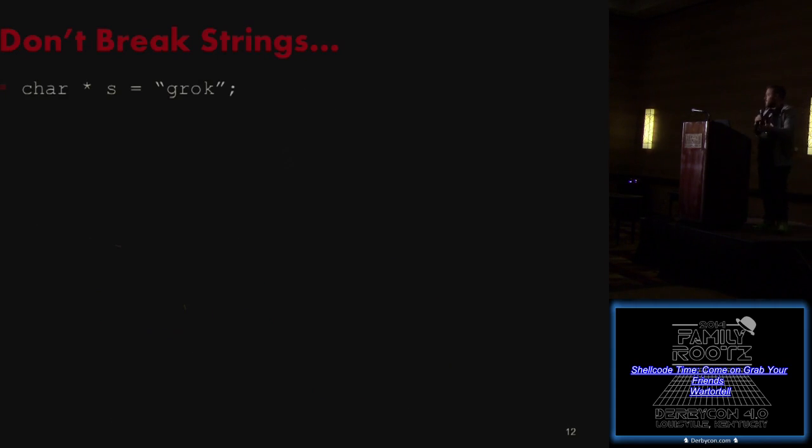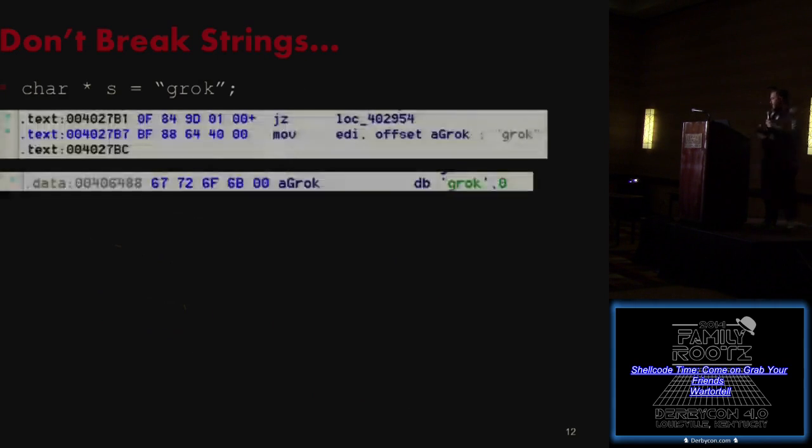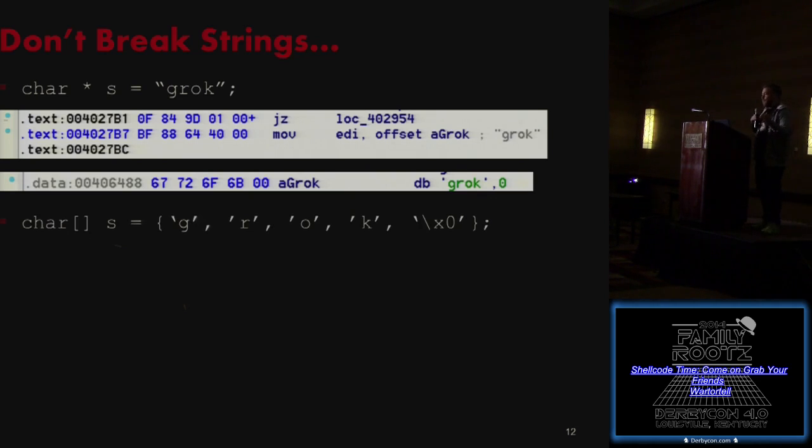First of all, your strings are going to be broken. So when you write a normal piece of code and you say, hey, make this local variable that's a string, it's going to put that string in the data section, and then it's going to reference that location in memory. That won't work in shellcode like we were talking about. It has to be position independent. So all you have to do is this really basic change.